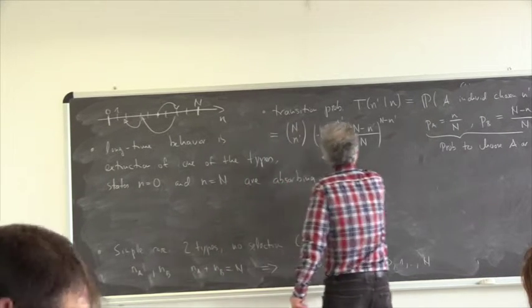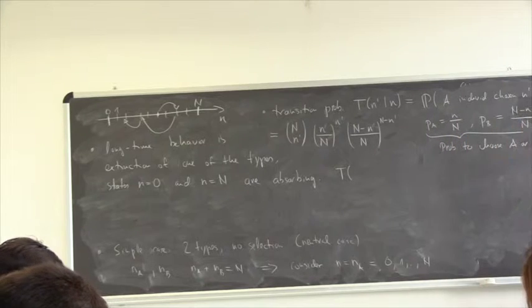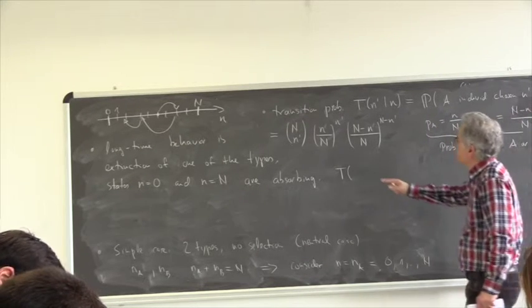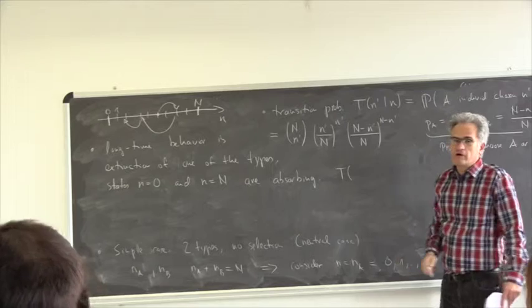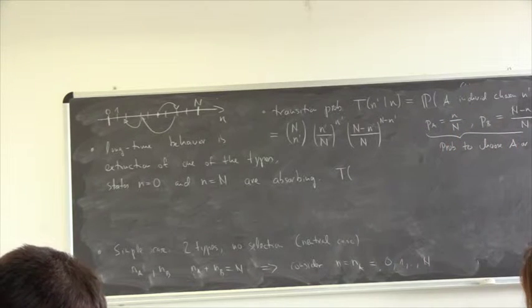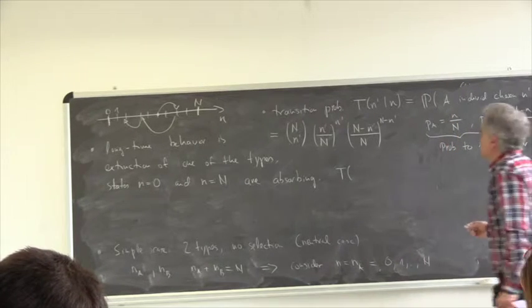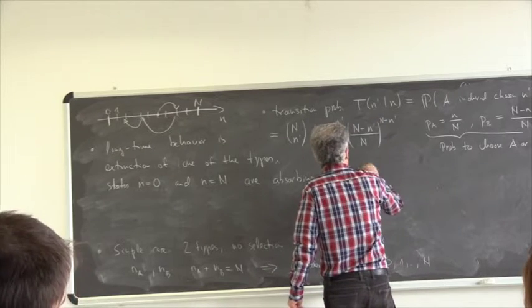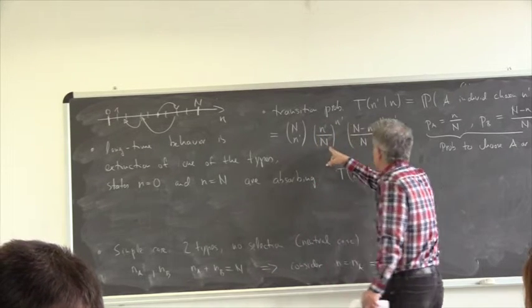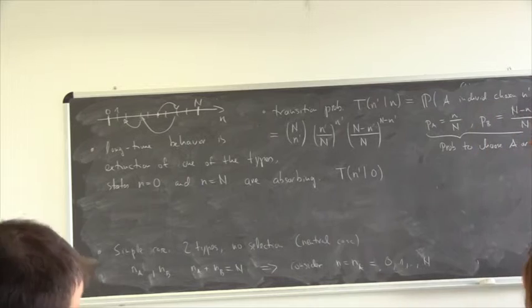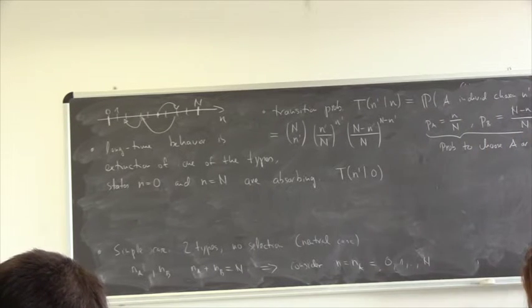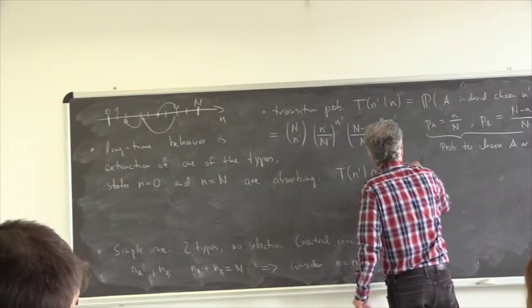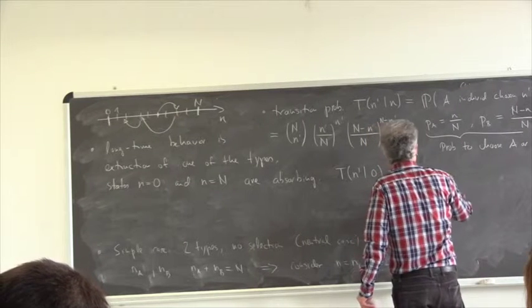You can see from this formula, of course, that, for example, if n is equal to 0, then for any non-zero n prime, the transition rate will be 0, right? So if n is equal to 0, then the only way of getting a non-zero transition rate is to have n prime also being equal to 0. So this is equal to delta of n prime, 0.